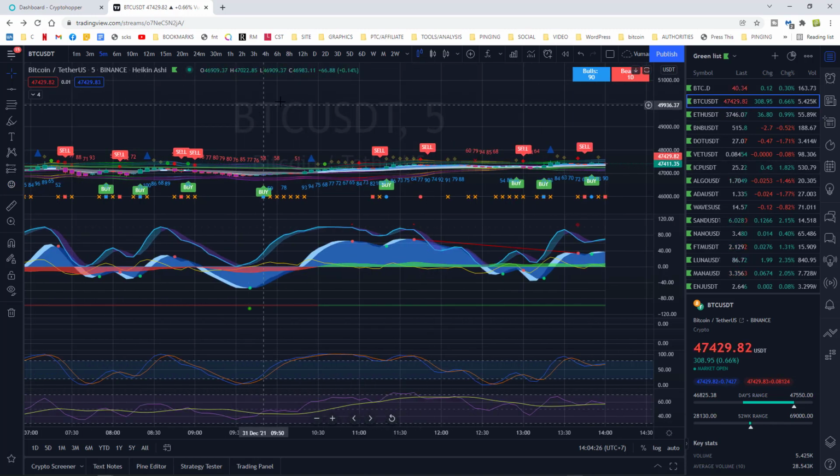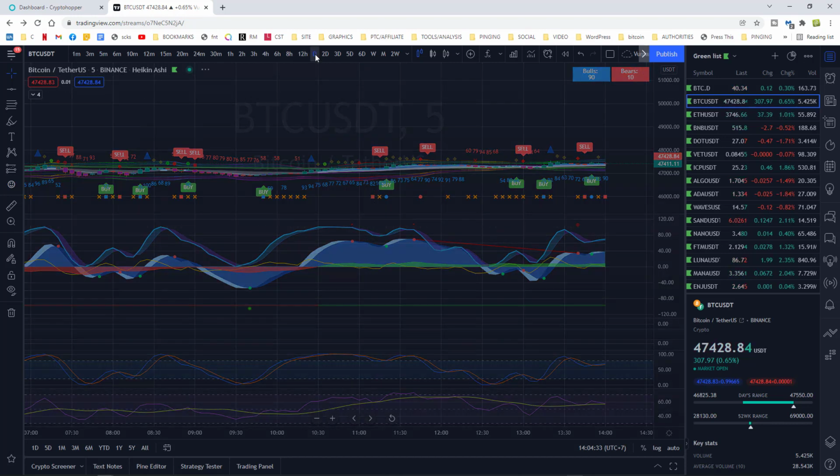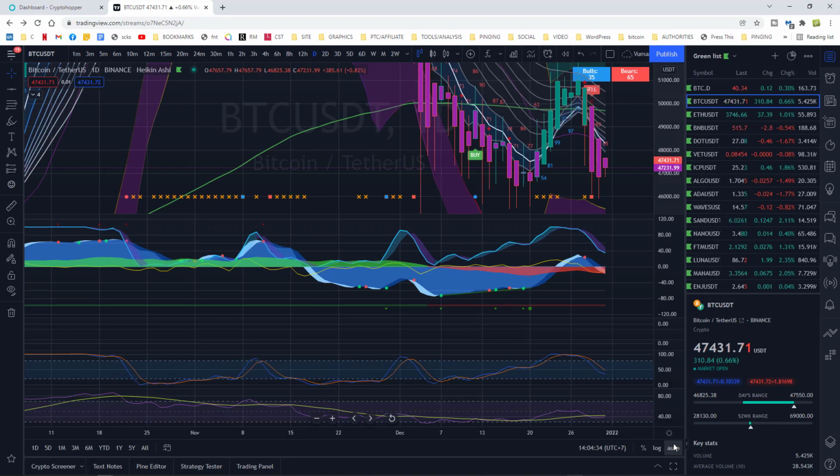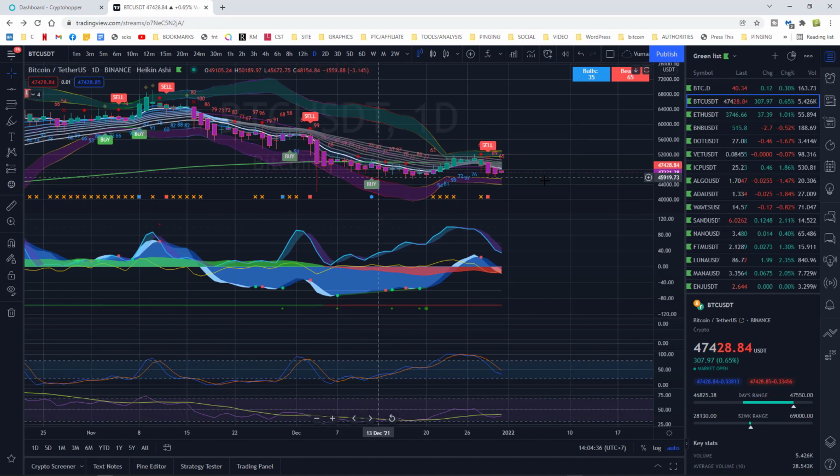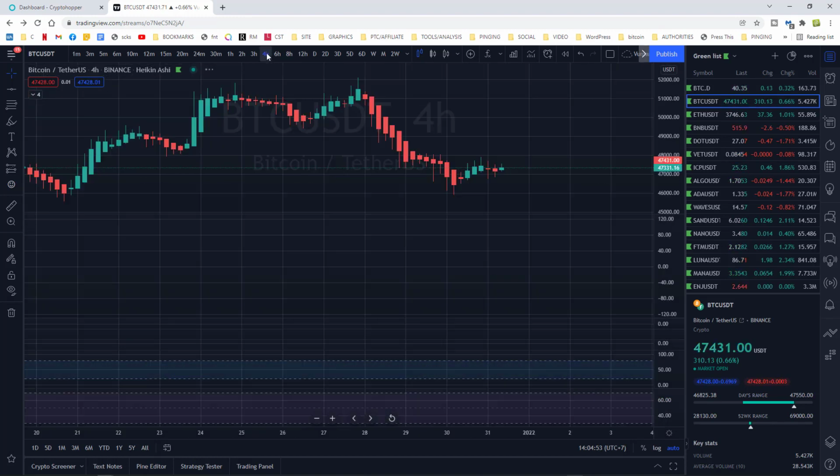So what I recommend you do before starting any strategy, no matter how you get Cryptohopper to buy positions, have a look at the 1-day chart, find out what the trend is, what's going on, and are we going up or are we heading down, and wait until you know that we're heading up. At least look at the 4 hour.